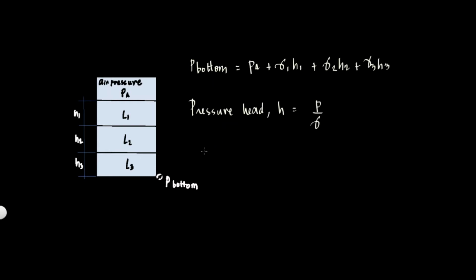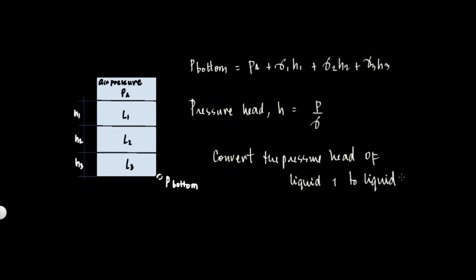Okay? Now, to convert the pressure head of liquid 1 to liquid 2, that is h2 equals h1 times the specific gravity of the first over the specific gravity of the second liquid.